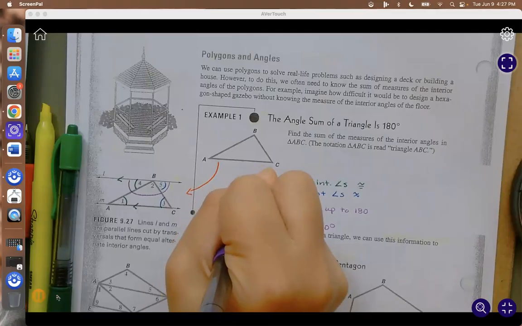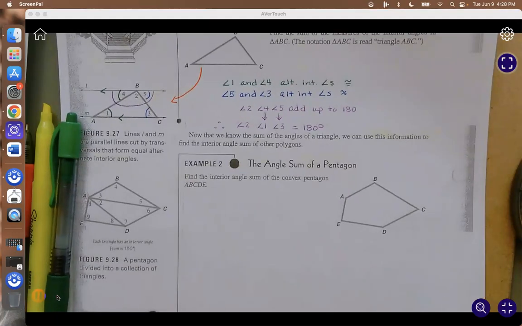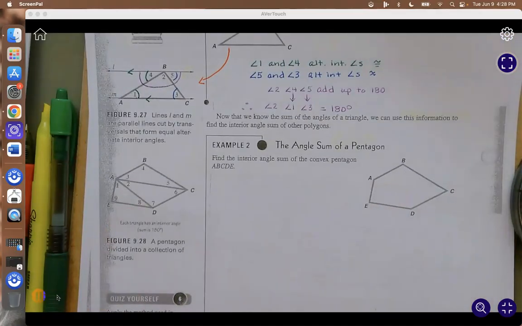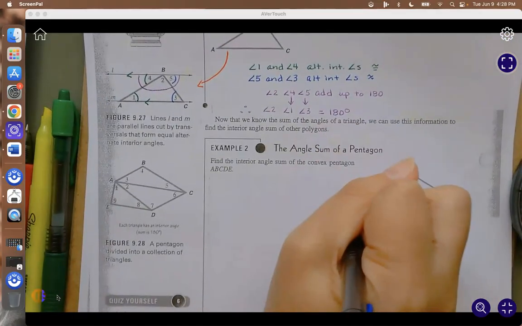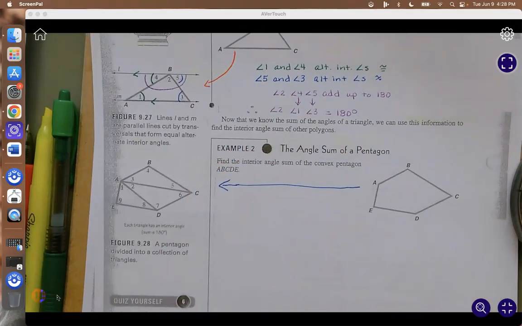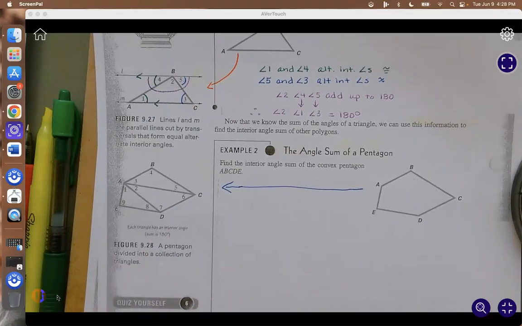Okay, and we're using our therefore sign. We used that back in our logic days too. Now, if you look at this pentagon, I'm going to draw an arrow over here so you can see what we're looking at. Notice that I can draw a line here and here. How many triangles does that give me?